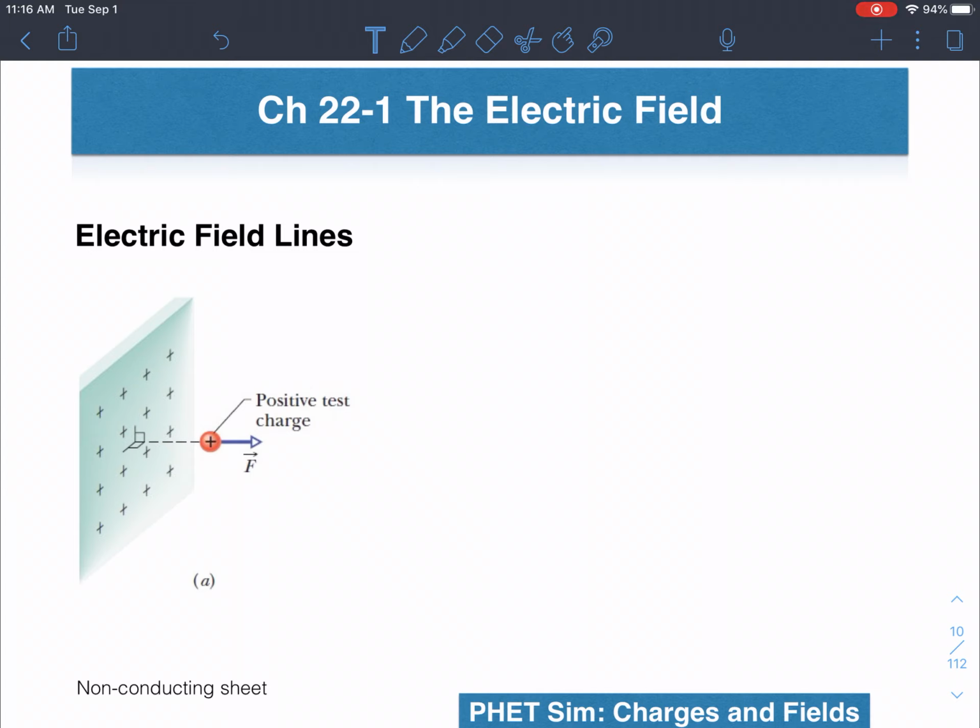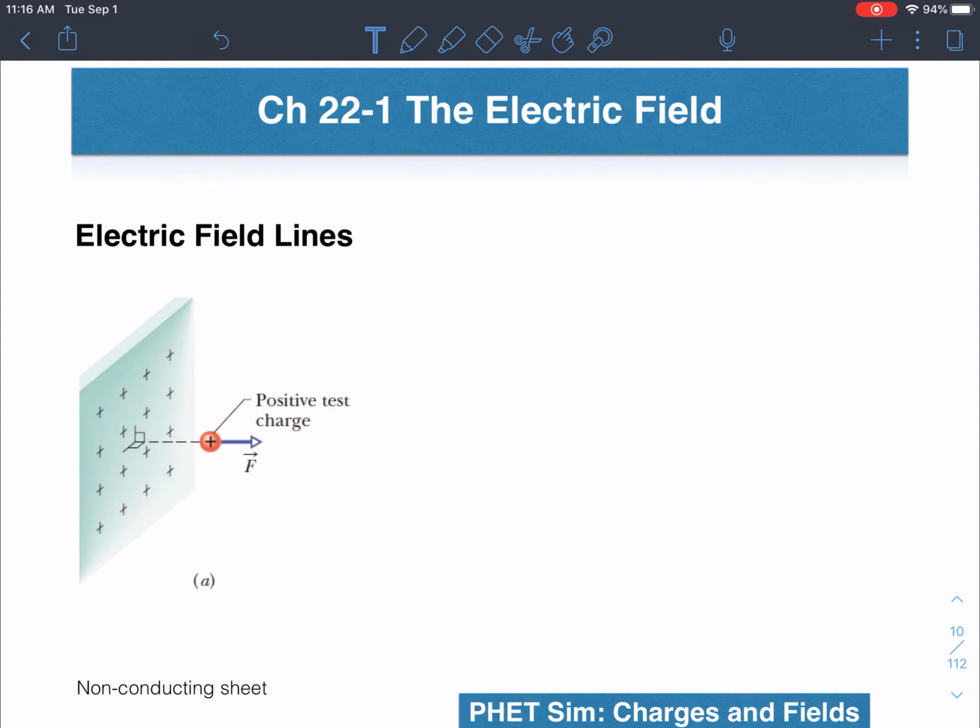We are putting that near the sheet, and what we realize is it is being pushed away by that sheet. And so the reason is, again, there is an electric field created by the non-conducting sheet on that positive test charge, at the point where the positive test charge is, and that creates the force on the charge.